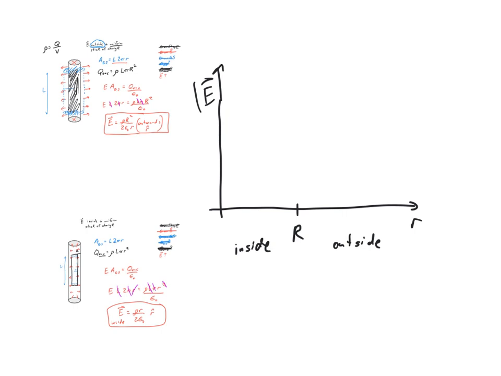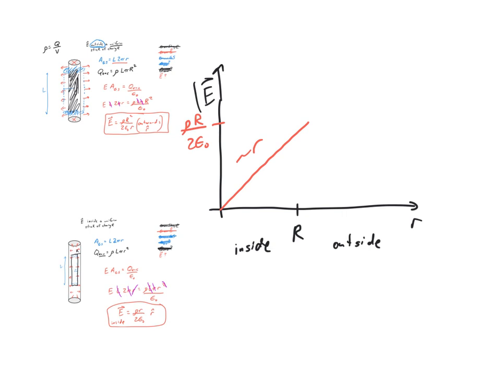The actual size of the object is capital R. Inside, we have this neat linear relationship that goes all the way to rho capital R over 2 epsilon naught.